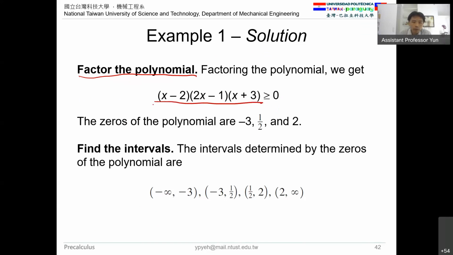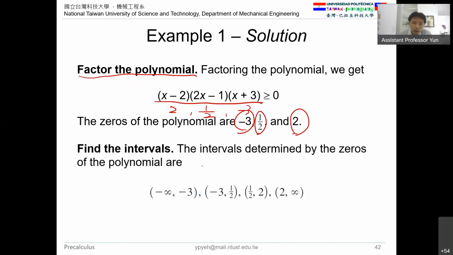The zeros of these polynomial functions are 2, 1 divided by 2, and minus 3. Okay, so here we found these 3 zeros of the polynomial function, right?